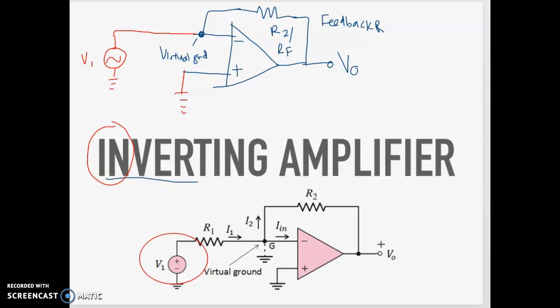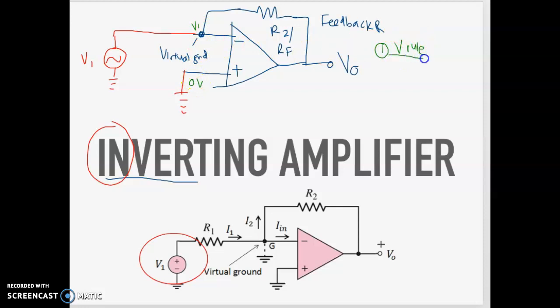Why do we call this one virtual ground? Because we apply two golden rules to design the op-amp. What is the first golden rule? The voltage rule, where you make sure the difference between these voltages will be zero. It means if you apply 0 volt here, this is directly to ground, right? So what will happen to the voltage at this virtual ground here?